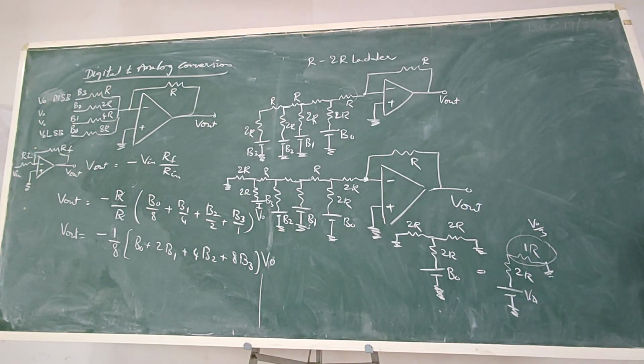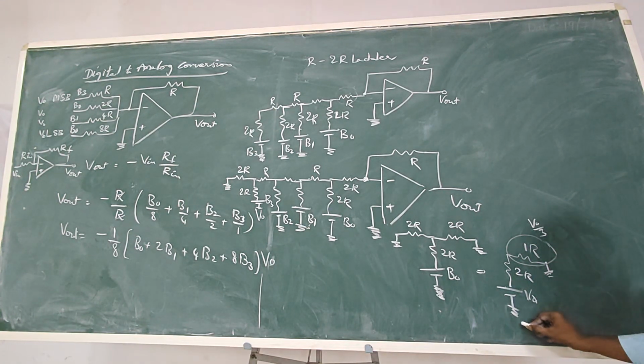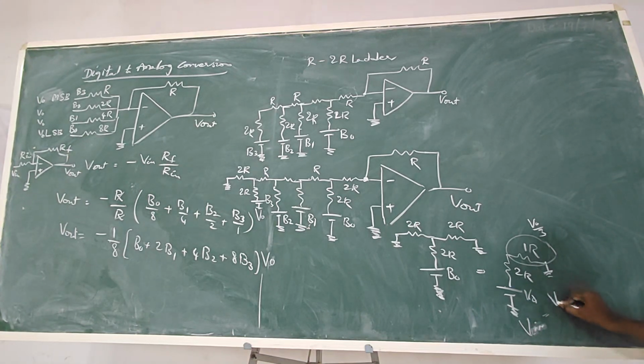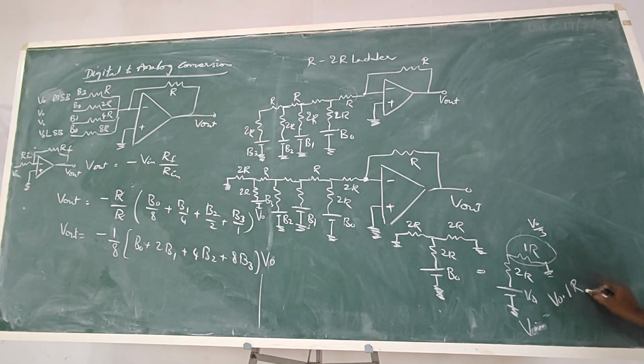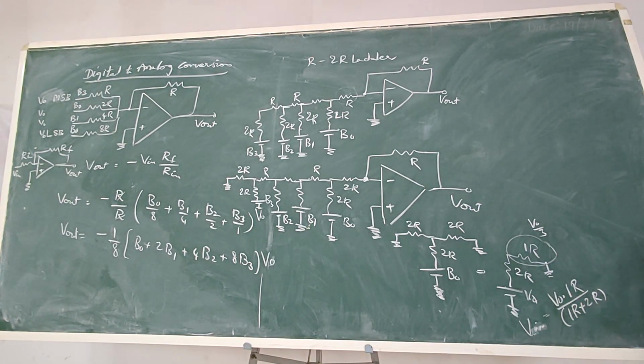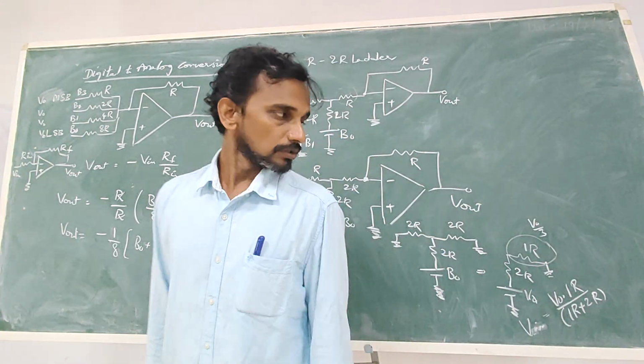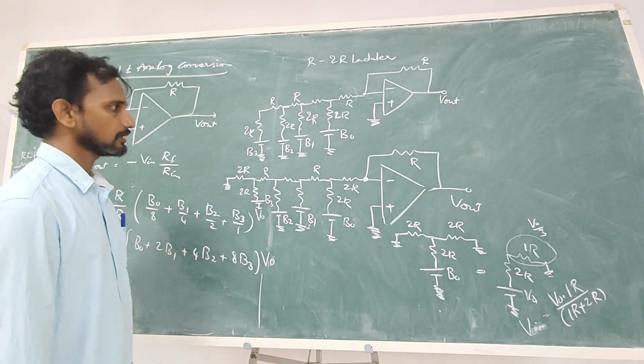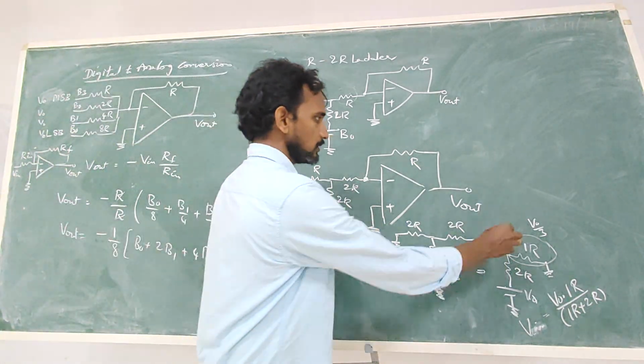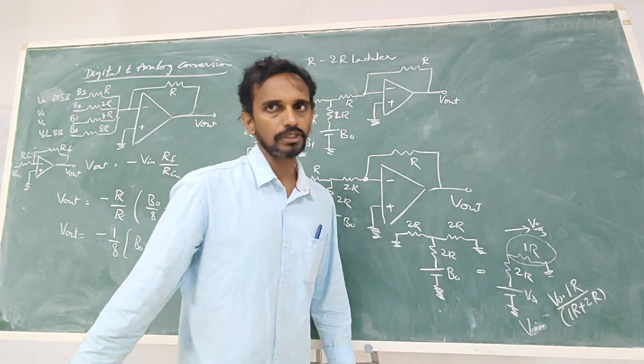The total resistance is 3R, and V0 is the voltage. So the effective input voltage V in is equal to V0 into 1R by 1R plus 2R. That is fractional resistance by total resistance multiplied by the total voltage, so it is V0 by 3. If we have only one branch, the input voltage is V0 by 3.